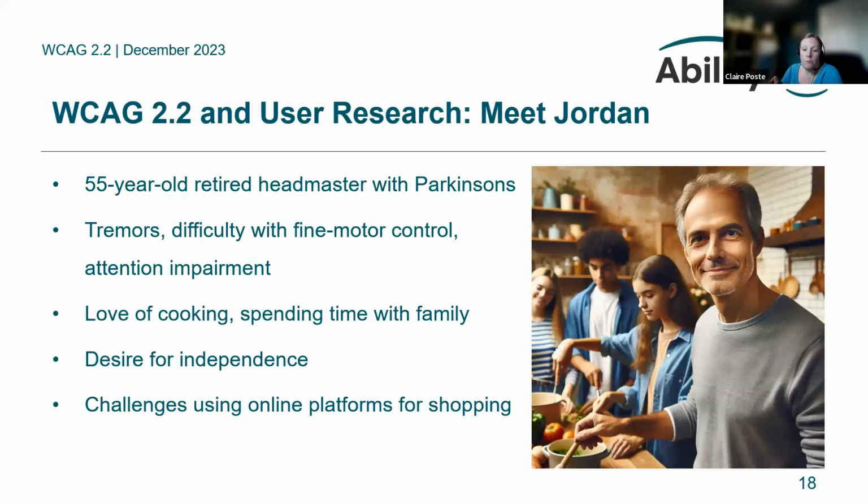Accessible authentication means that he can manage his banking and other important tasks safely, but also independently, by using things like password managers, in order to make sure that he's got the ability to carry on doing as much as he can on his own, without having to ask his family for help.